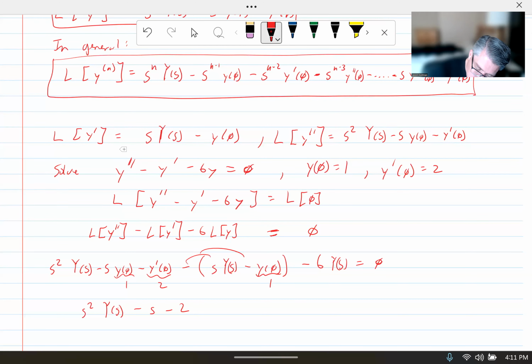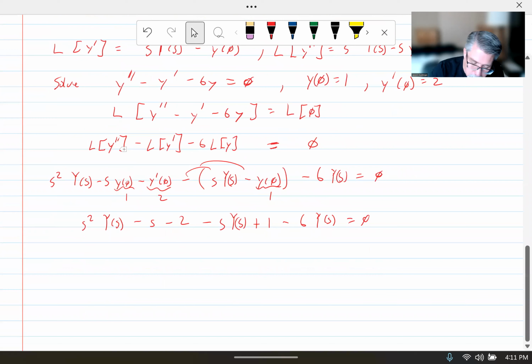Distribute the negative sign. This becomes minus S y of S, plus 1, minus 6 y of S equals 0.